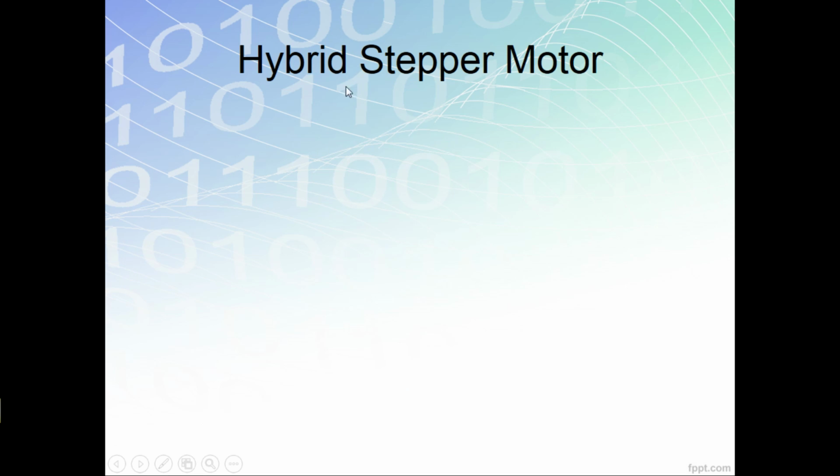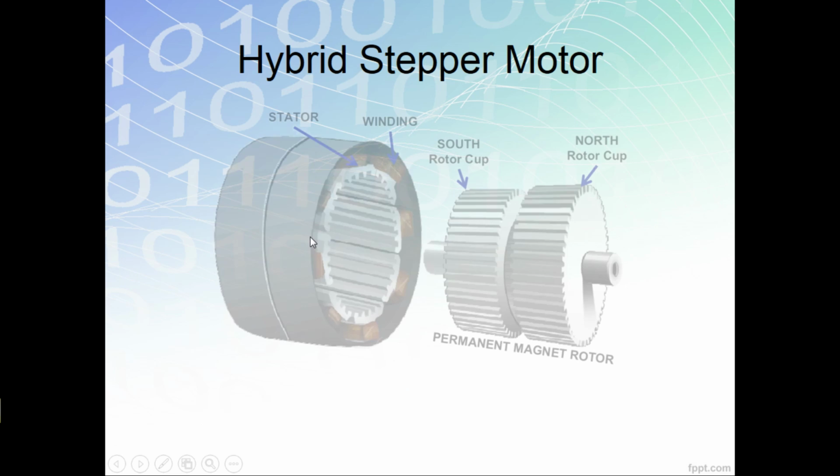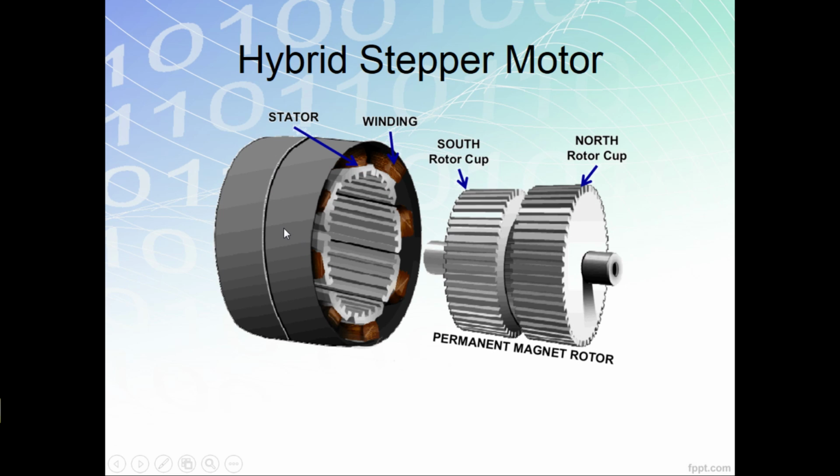The hybrid stepper motor. This is how a hybrid stepper motor looks like. Basically, the major difference is that this hybrid stepper motor has a south and north cap, wherein it is positioned alternately. So it's the same as the others.